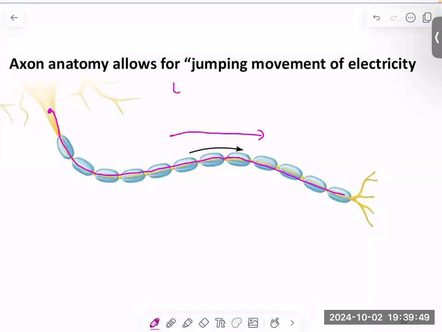It is an electrical signal that is mediated, controlled by an action potential. For this class, you just have to know that the signal is called an action potential.